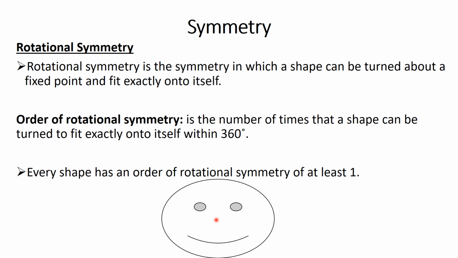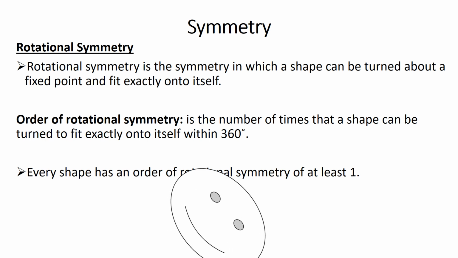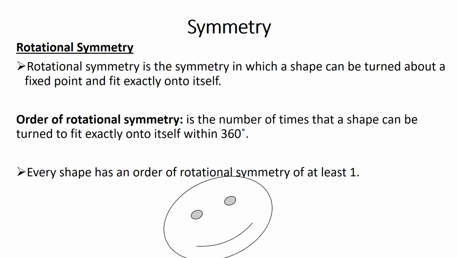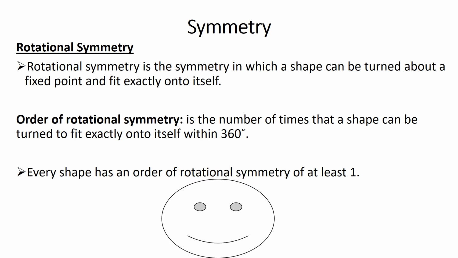If we rotate it about this point, the center, let's see what's going to happen. It's turning, turning, turning. Now it's looking exactly the way it was looking at first.